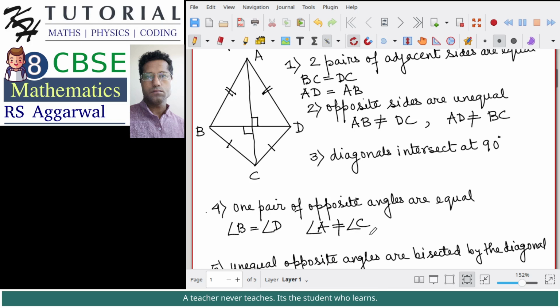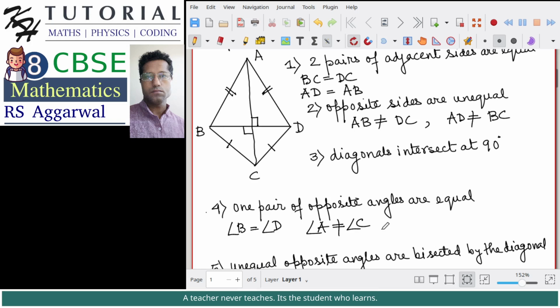Please remember that a kite is not a parallelogram. In a kite, it is not the case that both pairs of opposite sides are parallel. In a kite, only one pair of opposite angles will be equal.